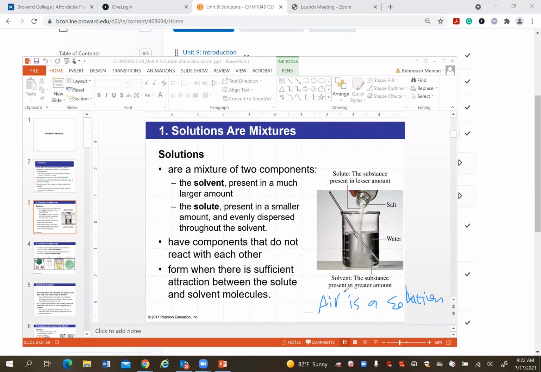You have oxygen gas, nitrogen gas mixed together, 78% nitrogen, 21% oxygen, and then 1% of everything else mixed in the air, and you can see through. It is homogeneous. If you take one part of the air, it's all homogeneous. Then you have a solution.